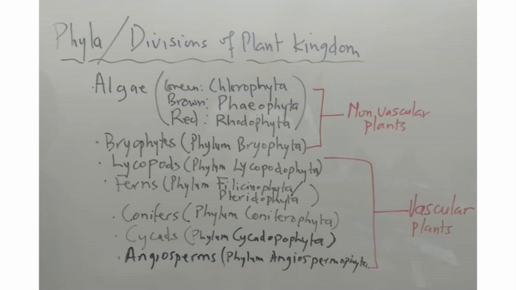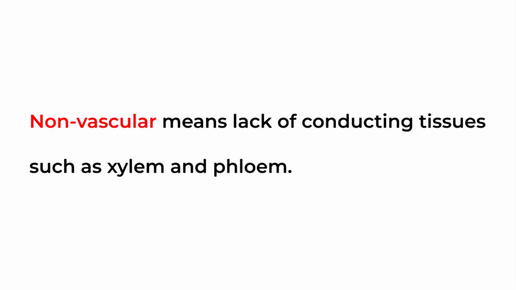We'll explain what non-vascular means. Then the rest, lycopods, ferns, conifers, cycads, angiosperms, are vascular plants. Now, what are non-vascular plants? They are plants that do not have conducting tissues like xylem and phloem.